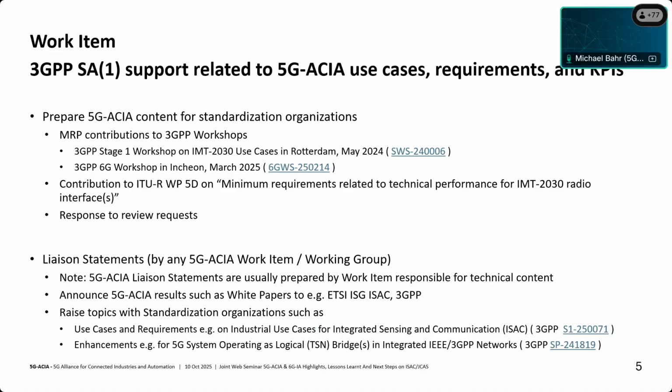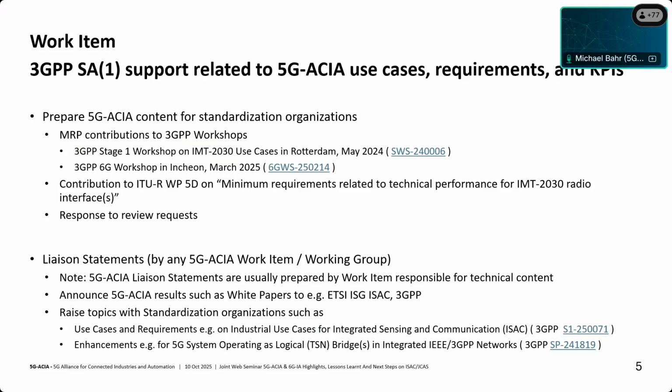So besides these discussions of contributions, especially for 3GPP, we also work on 5G-ACIA content, which is directly sent to standardization organizations. 3GPP had a series of workshops on 6G, where also the MRPs were invited to present. So we prepared these presentations for 5G-ACIA for the use cases and also on the general 6G workshop in March this year.